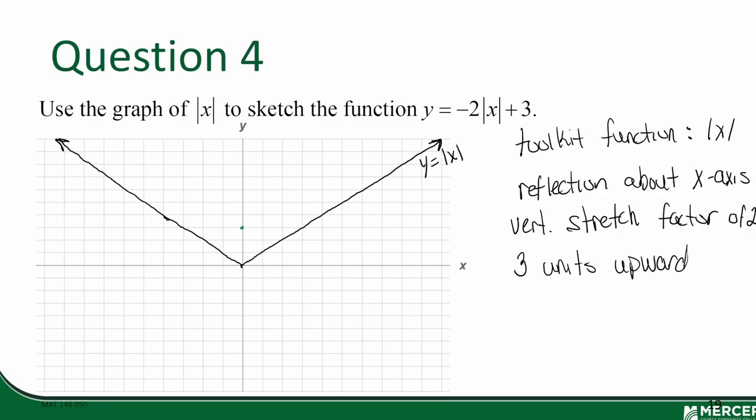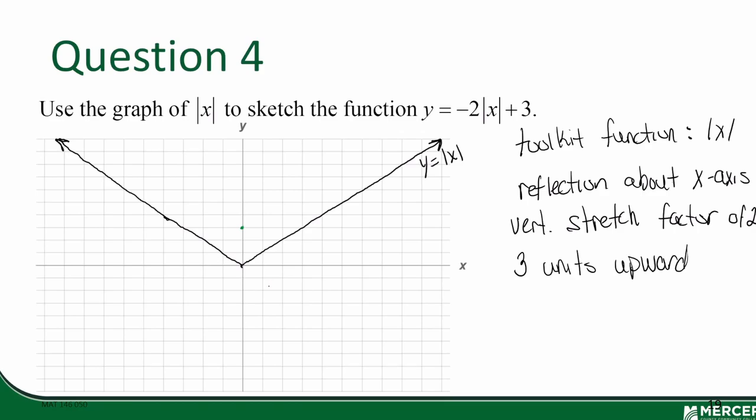Every output value gets doubled. Then you add 3 to it. Right, so 1 would get doubled to 2, but remember it's going upside down, so it's -2. Then you have to add 3 to it.